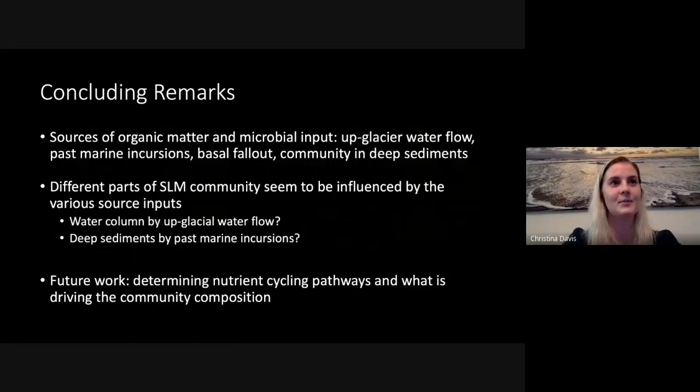So with this, we see that there are many sources of organic matter and microbial input that could be influencing the community that we're seeing in these subglacial lake systems. So we have flow from water up glacier, potential past marine incursions, basal fallout, so the ice is melting and accreting over these lake areas.